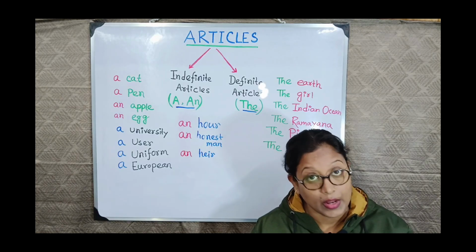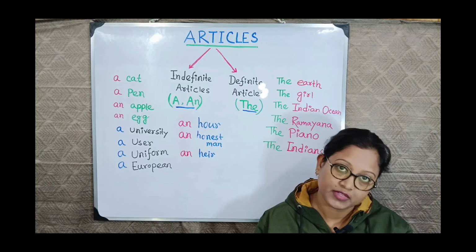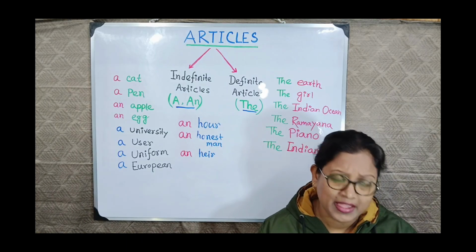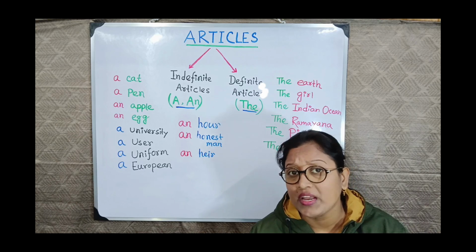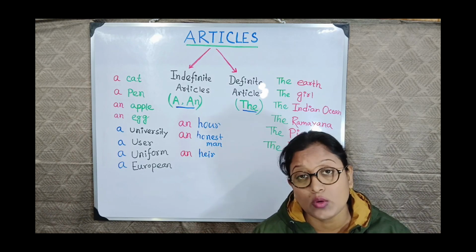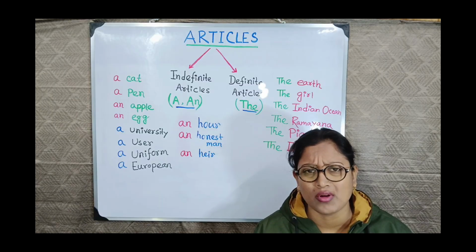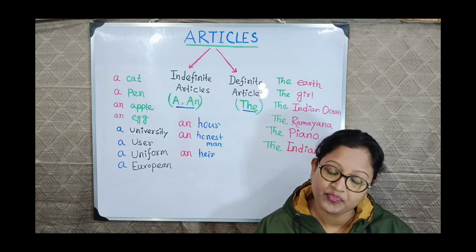A and an are indefinite articles. Clear? Like a pen, a book. So it is not showing any particular book, any pen, any cat. Clear?